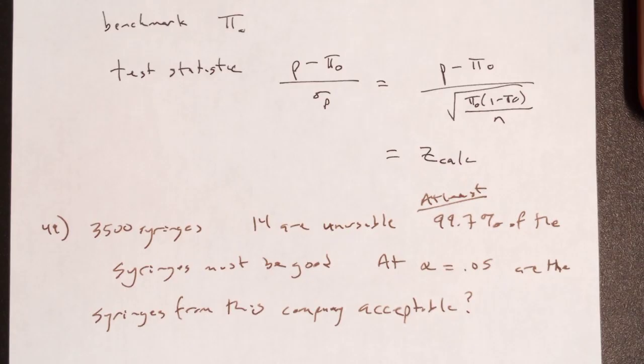Which would be a right tail, wouldn't it? And if I'm doing a left tail, I need it to be 0.003, right? I'd be looking for the number of failures. I can say I need no more than 0.3% to be bad, or I need at least 99.7% to be good. I can say it either way.